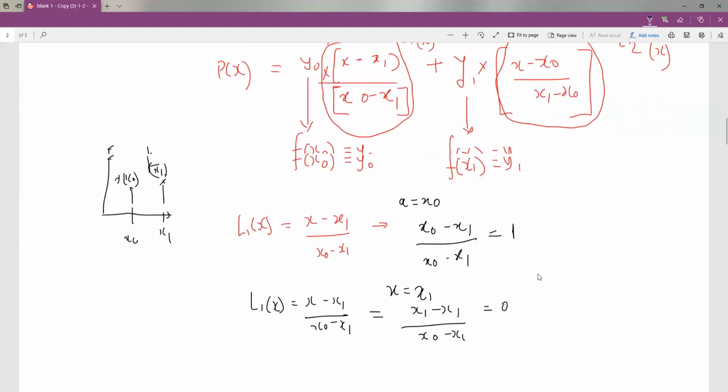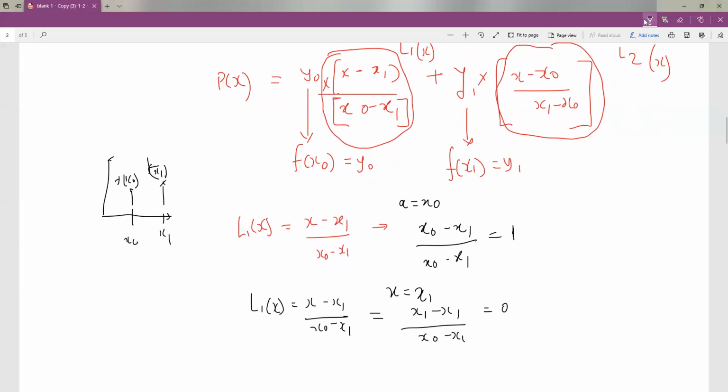And similarly, if you try to see the second Lagrange interpolating coefficient, that is L2(x) equal to x minus x0 over x1 minus x0. If I evaluate this at x0, it gives me 0 value, and when I evaluate this at x1, it gives me unit value.